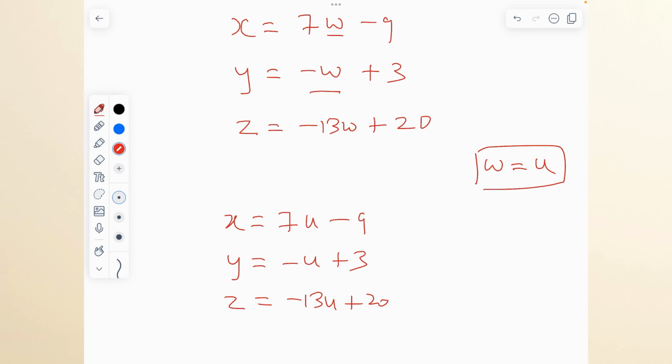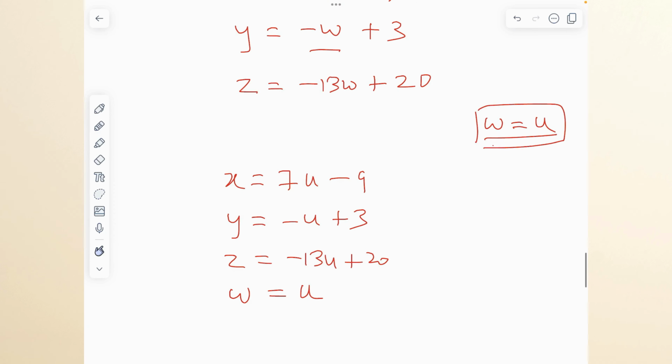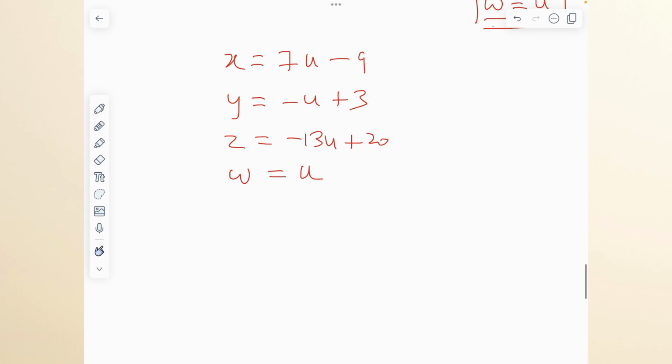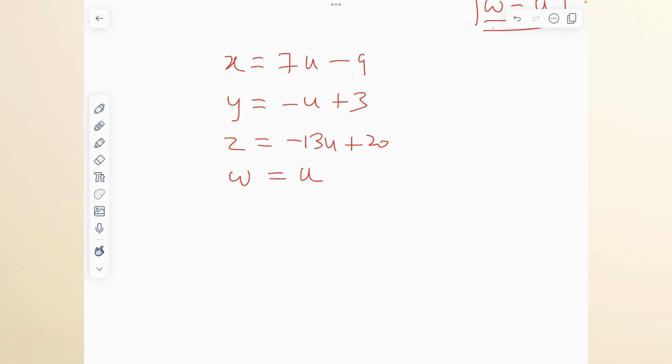And already we wrote w is equal to u. Alright. Because as you check the answer options, you will know there are 4 variables. They are x, y, z and w. Okay. So now split and write.